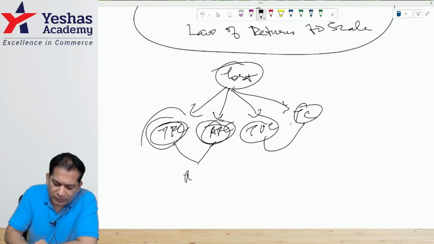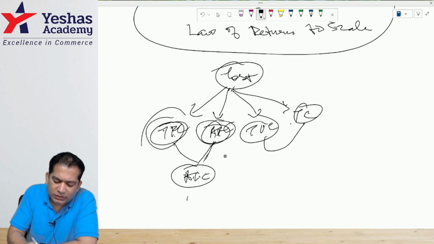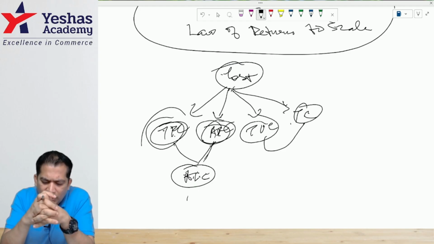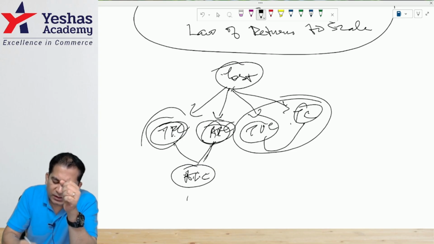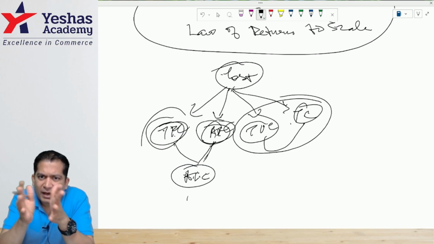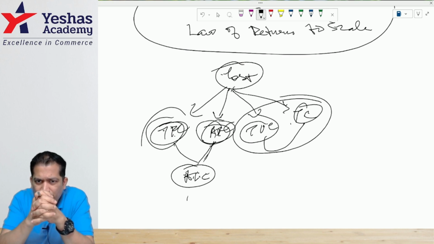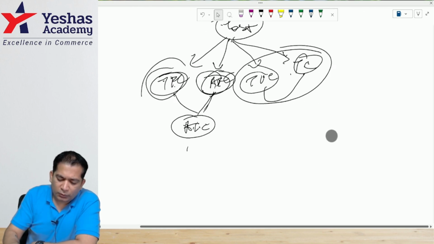When you have ATC, they'll ask you what is the reason, for example, that the average total cost curve and the average variable cost curve come together, and what is the reason for the TC and TVC curves to be parallel to one another? Because the difference between them is due to the total fixed cost.